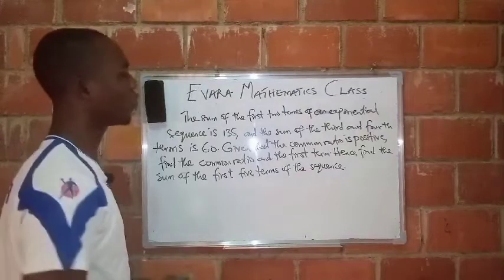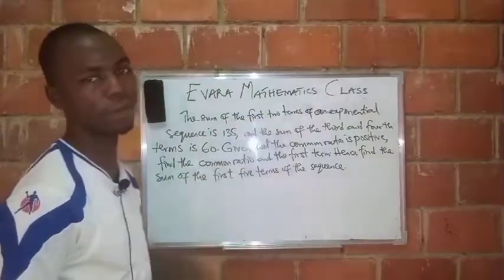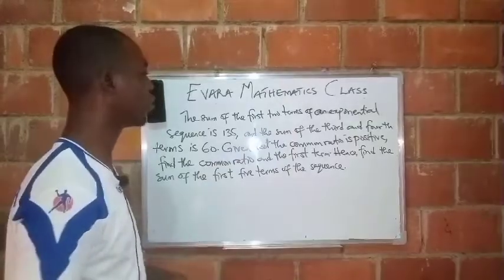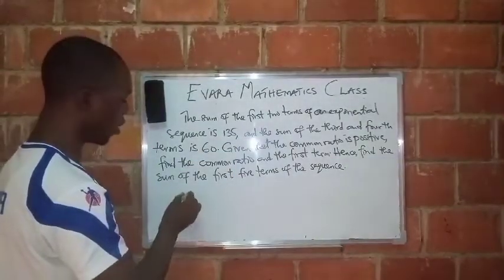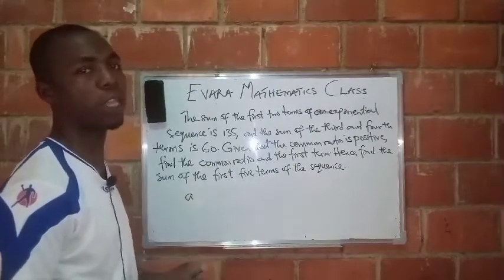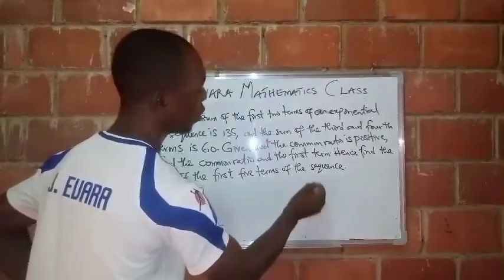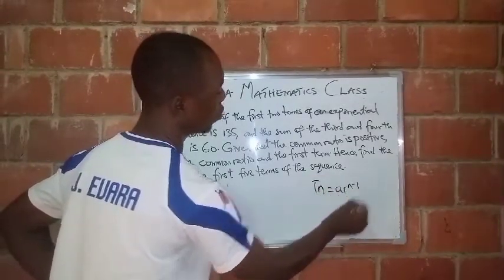So, in this question now, we're told that the sum of the first 2 terms of that sequence is 135. The first term is A. And the second term, remember, the nth term of a GP is AR^(n-1).